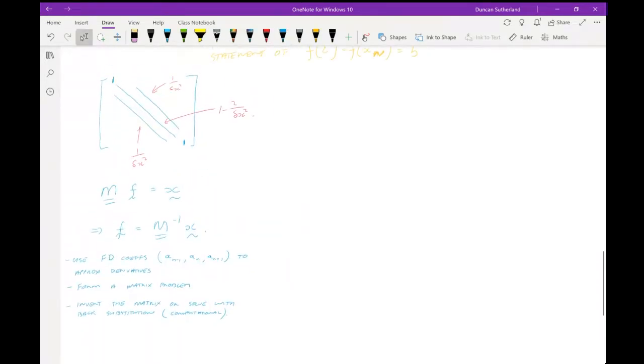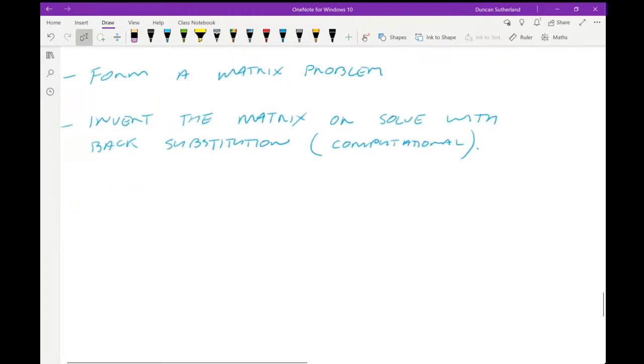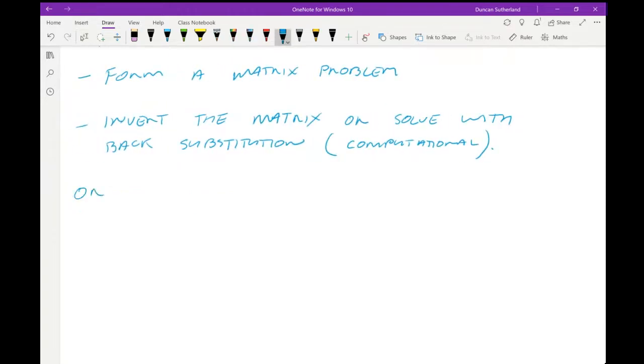Of course, you can also use these finite difference schemes to form an approximation of the derivative. If you have some function f, right, you can put f in a vector. So you've got some matrix like this.